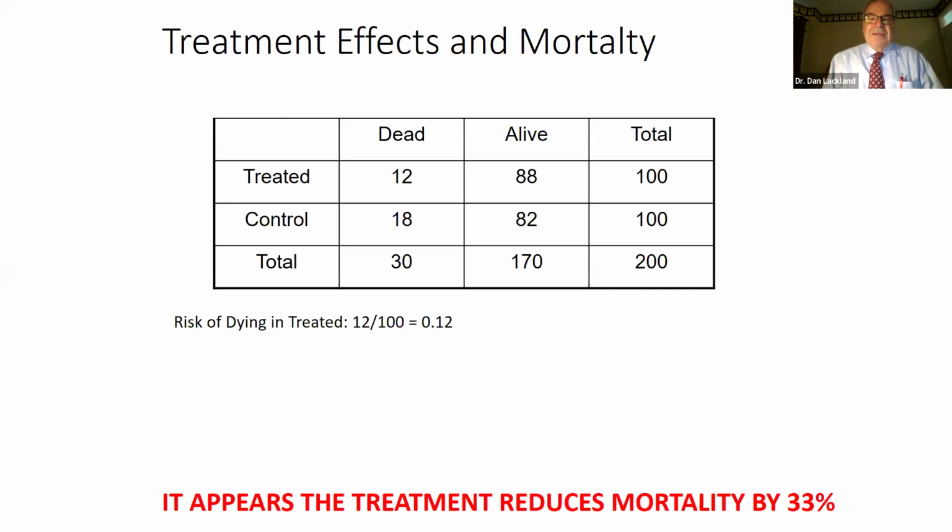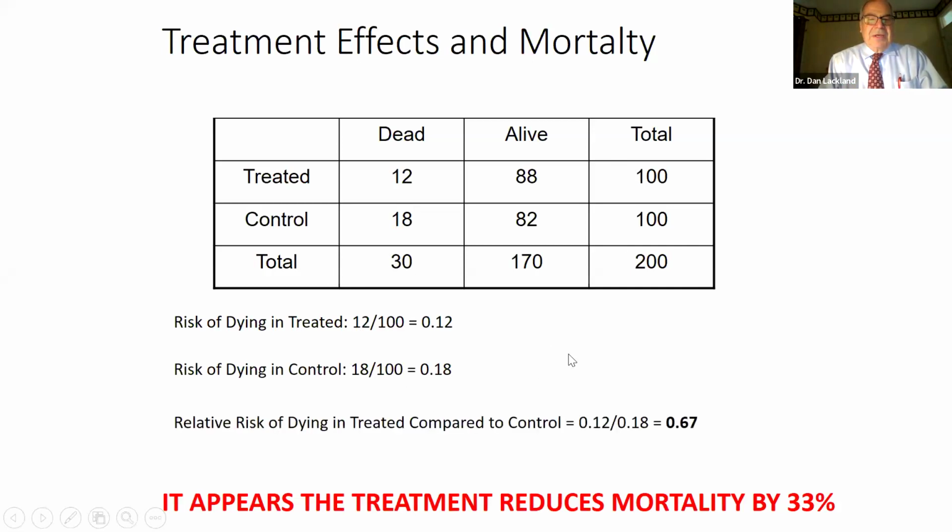If we look at it just very squarely in this particular case, we're seeing that the risk of dying in the treatment group is about 12%, 12 over 100. The risk of dying in the control group is 18%, 18 over 100, fairly simple. We then do a relative risk, which is what we would want to do.